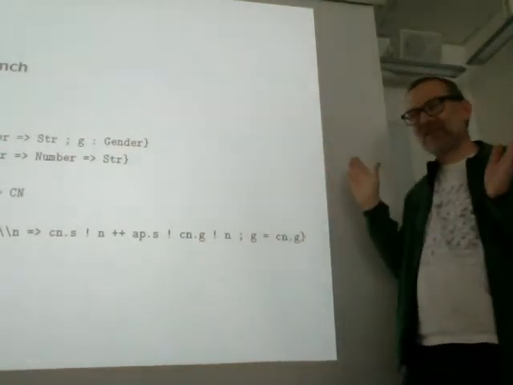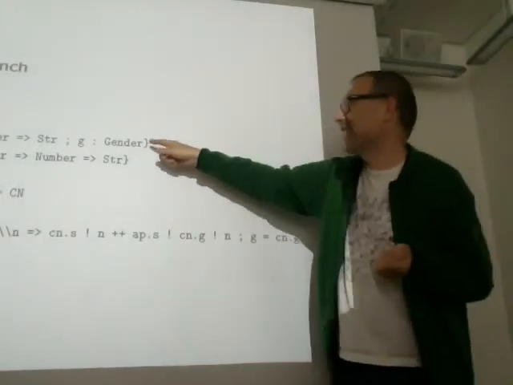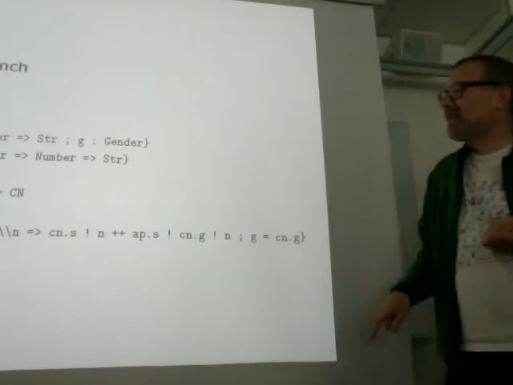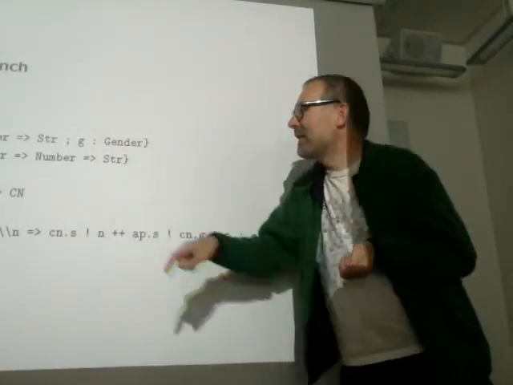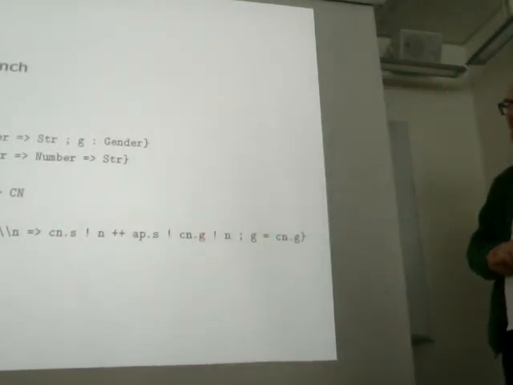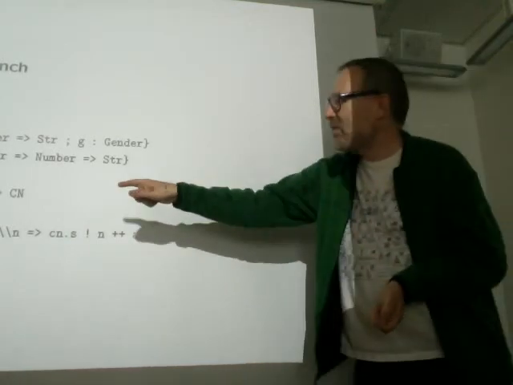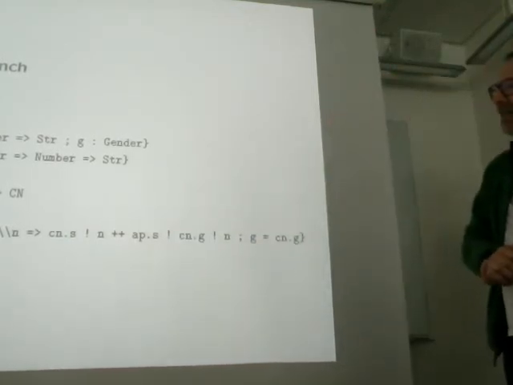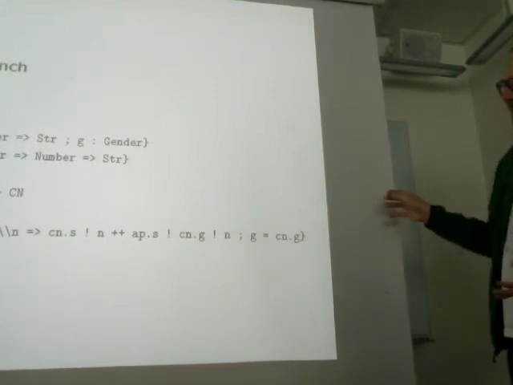It doesn't need to have the same, but in this case it is. And then for adjectival phrases you have two variables, gender and number, and then you have a modification rule putting together adjectival phrase and common noun, and then you get a more complex common noun.